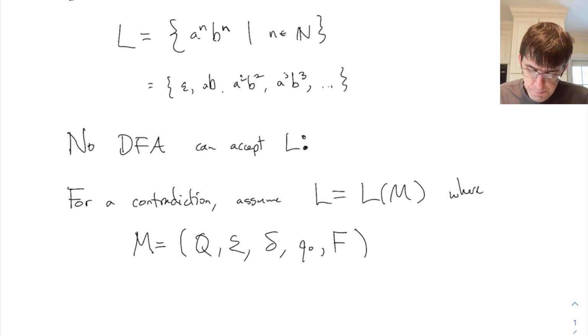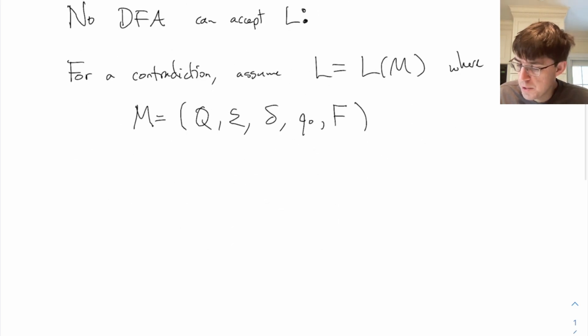I'm going to try to show that this leads to a contradiction. So here's the trick. This is not an easy proof to come up with, and part of why I want to go through this is to demonstrate how tricky it is to show that something is not a regular language.